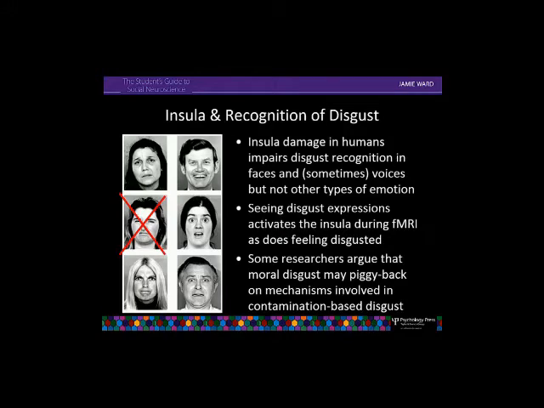Obviously the word disgust means bad taste, and the idea is that this emotion is parasitic on neural mechanisms involved in taste and smell. Disgust itself is seen as an evolved emotion around contamination, or avoidance of contamination. That would be the evolutionary rationale behind it. So it's perhaps not surprising that it might become part of this region.